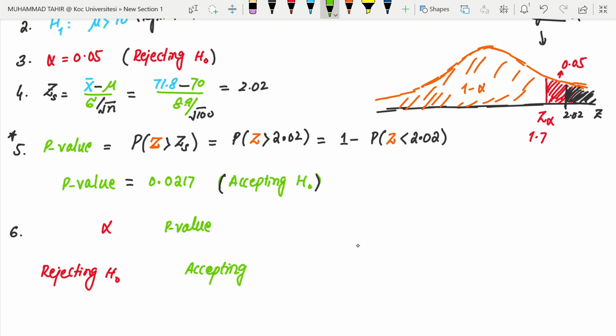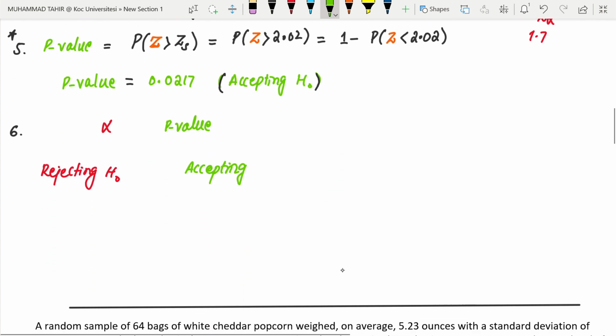Now, the probability to reject is 0.05, and the probability to accept is 0.0217. It means that the probability of rejecting H0 is larger.